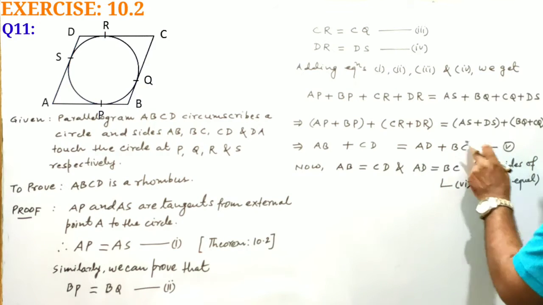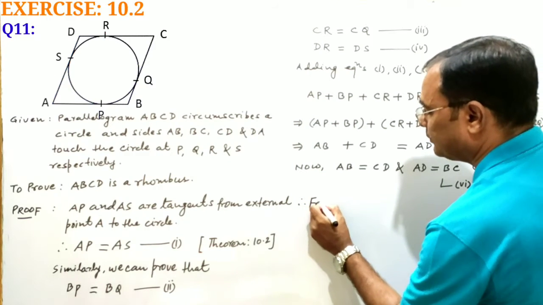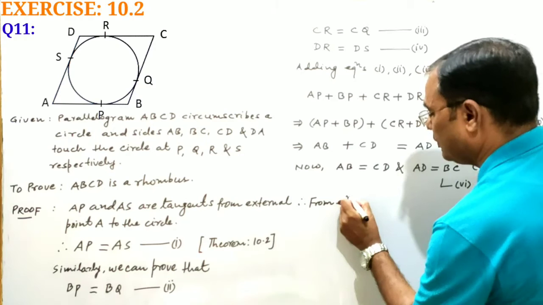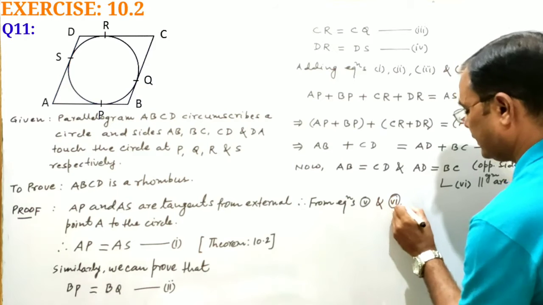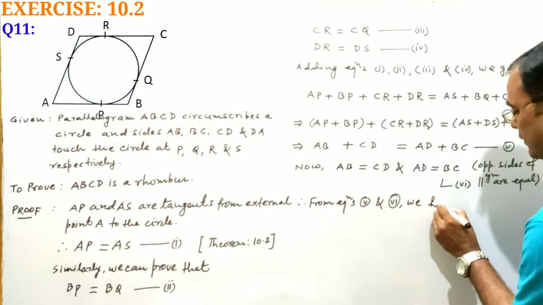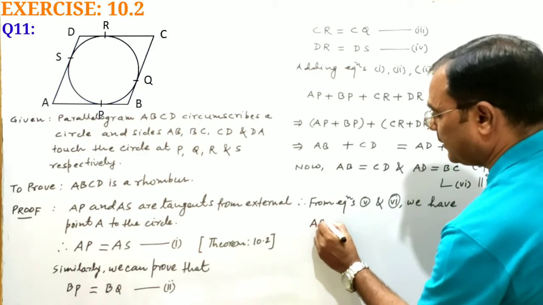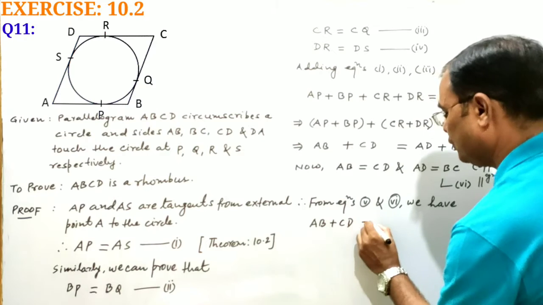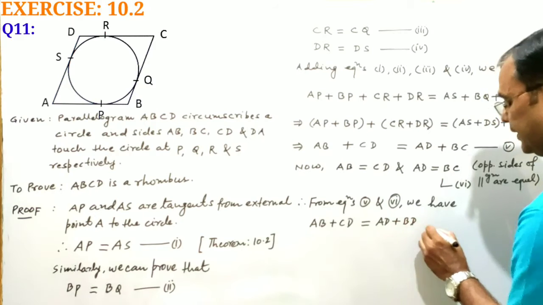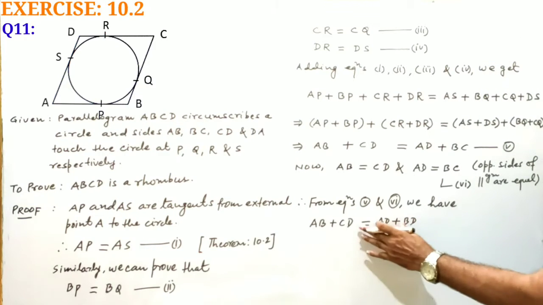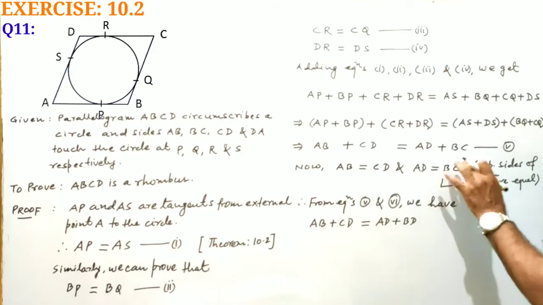From equations 5 and 6 we have AB plus CD equal to AD plus BC. This is equation number 5. Equation number 6 is AB equal to CD and AD equal to BC.